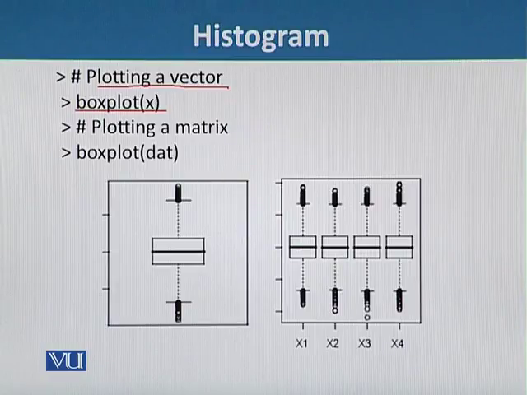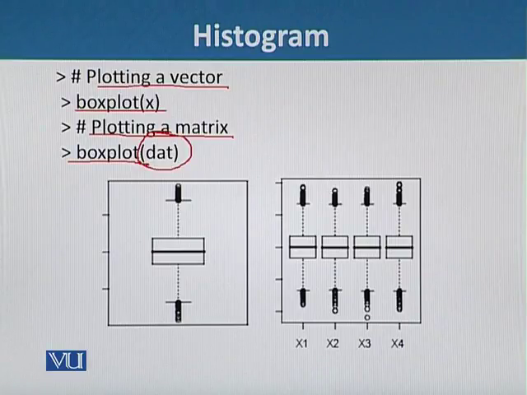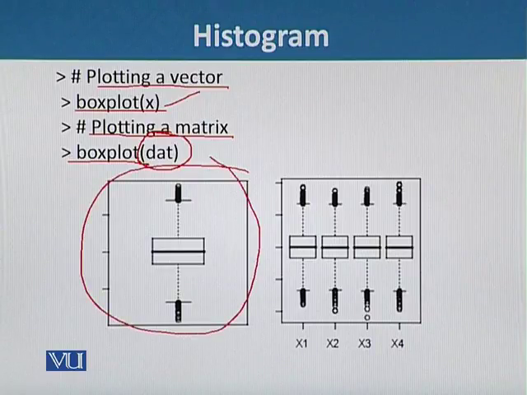If we want to generate box plots for a data frame, with different box plots, then we have to use a command like plotting a matrix, boxplot, data. Then two types of box plots will be generated. For the first one, the box plot will be generated with only one box.